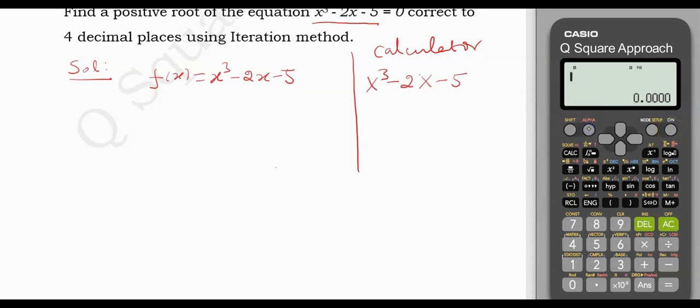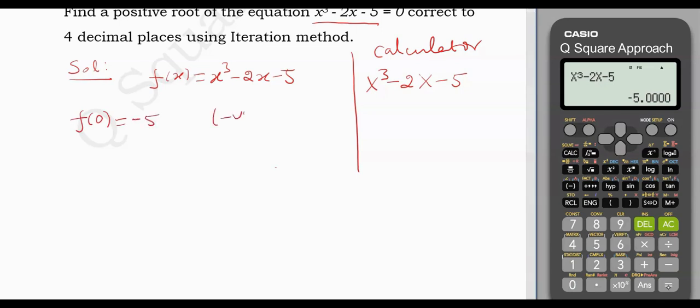Solve for x, shift, cube, minus 2 alpha x minus 5. Since we want to find the positive root, we start with 0. In the calculator, press the calculation button and give x is equal to 0. Then we have f of 0 is equal to minus 5.